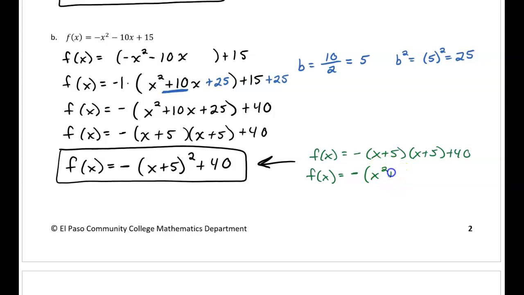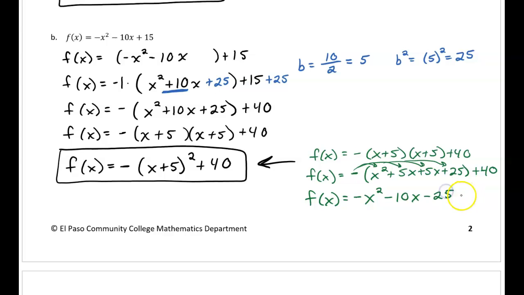So I'd have x squared plus 5x plus another 5x plus 25, and then the 40 is still tagging along. At this point, I would distribute the negative all the way through, combine like terms, and I'd have negative x squared minus 10x minus 25.